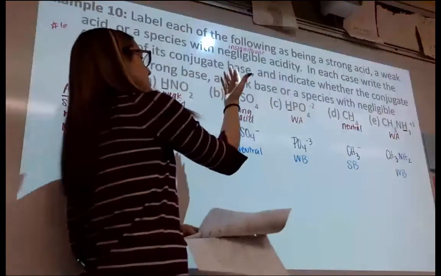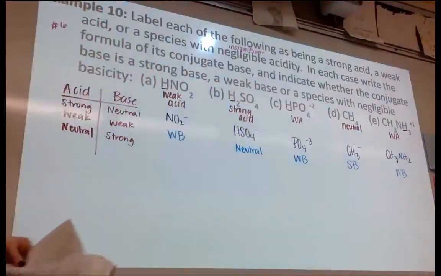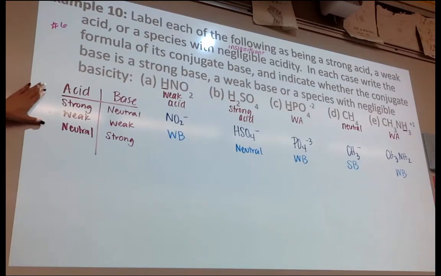But otherwise, I would give you a list of strong acids and weak acids, and then you just have to pick. The 7 strong acids. If it's not one of those, we're going to assume that it's weak. So make sure that you know these pairs, right? You have one of two pairs, strong and neutral or weak and weak. And again, that's like number 6 of mastering. Questions on this example?